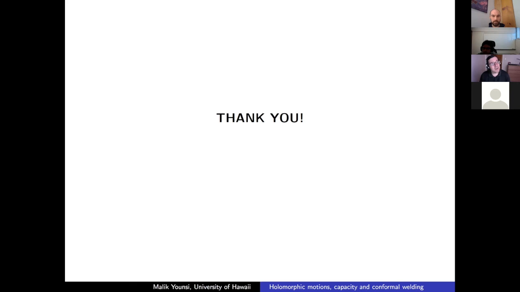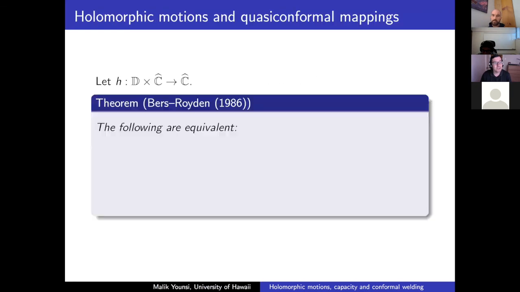Malik, can I ask a fairly naive question? In the beginning, you were saying that if you have a holomorphic motion, you define some real valued function of the set, and then that real function moves nicely, has some nice behavior. Can you look at complex valued functions of a set?